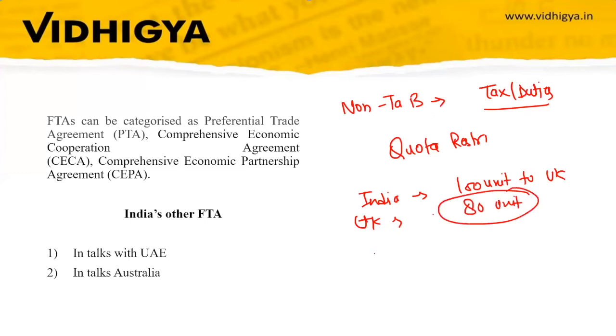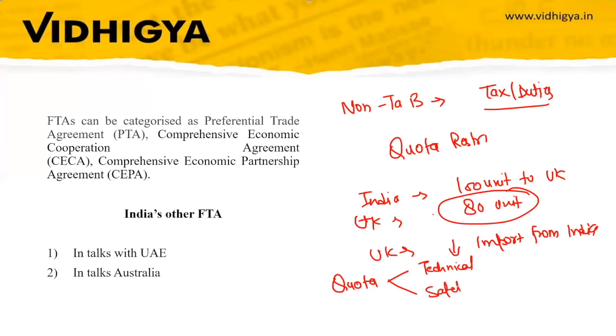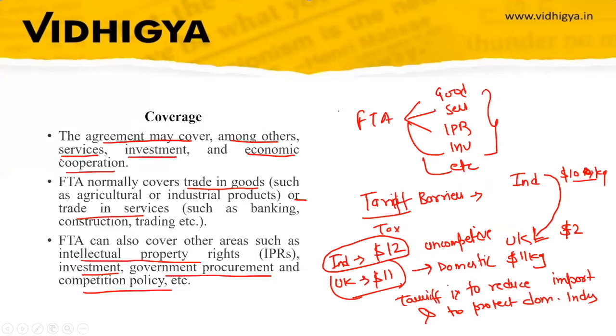This way, UK tries to reduce the import from India. And this quota can be imposed on various grounds, such as India is not following particular technical norms or safety norms. This is very technical, so you do not have to know. You just have to understand what are tariff barriers and non-tariff barriers, and the areas that an FTA can cover.